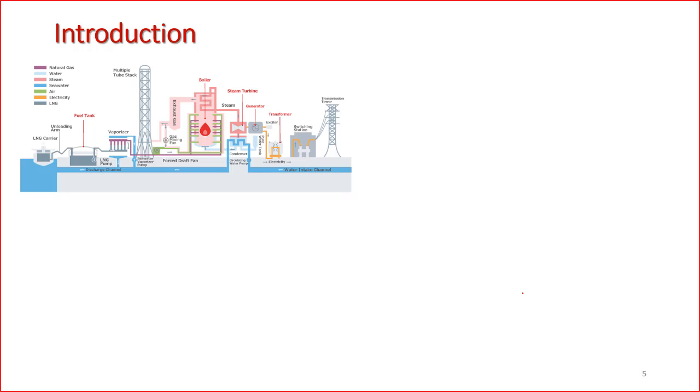Let us start with the introduction. We know that electricity plays a very important role in our life. It is a very common medium of energy, because for any kind of activity in our life, we depend on electricity in some form. When we need heat, we depend on electricity.